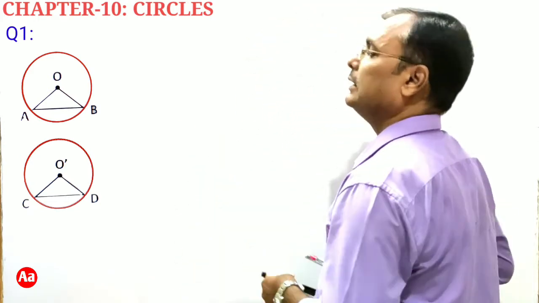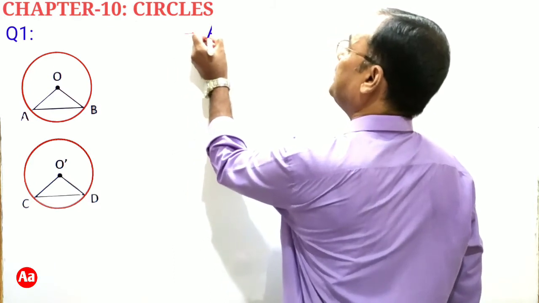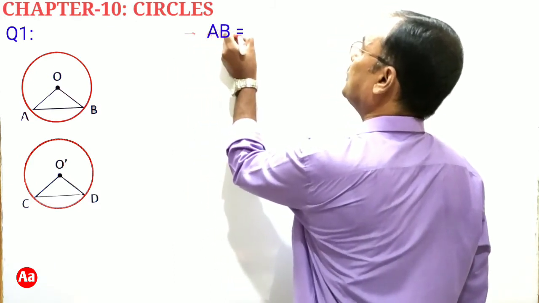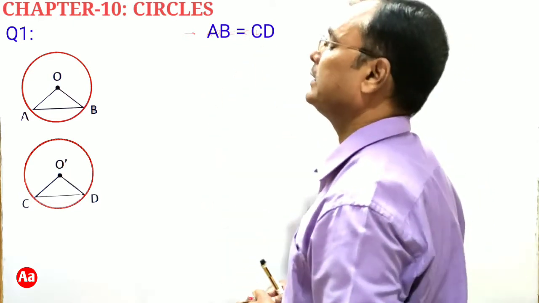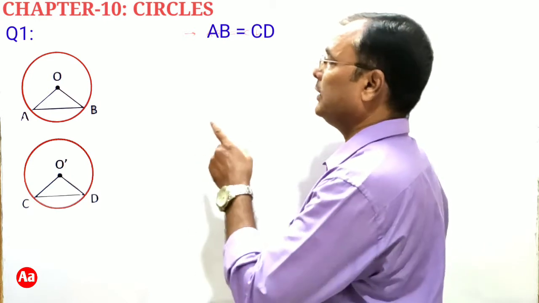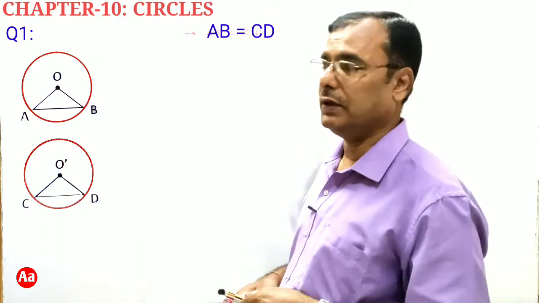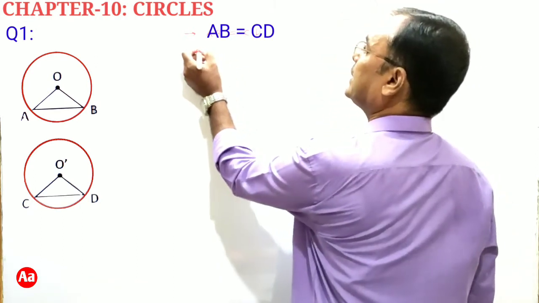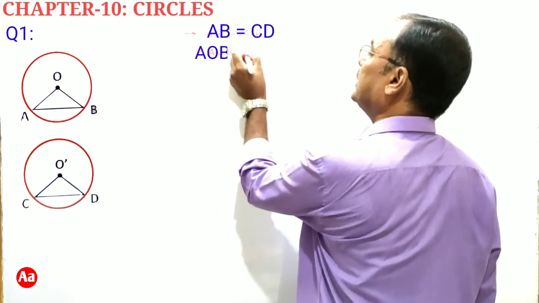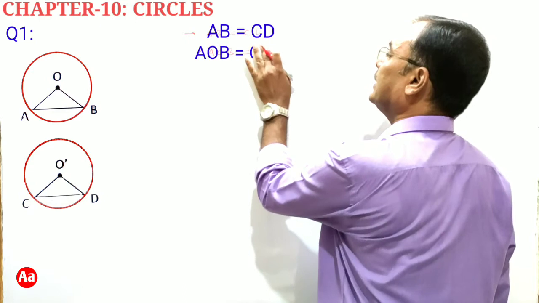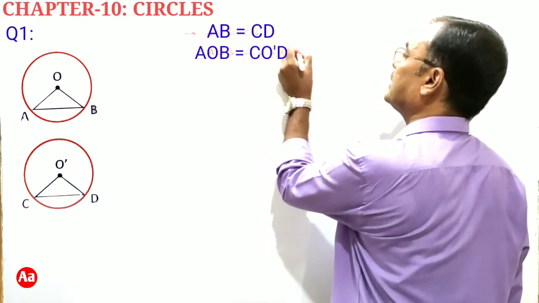So it is given that AB is equal to CD in two congruent circles with centers O and O dash. Chords AB and CD are given equal, and we are going to prove that angle AOB is equal to angle CO'D.